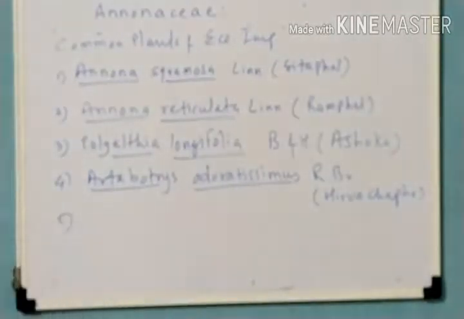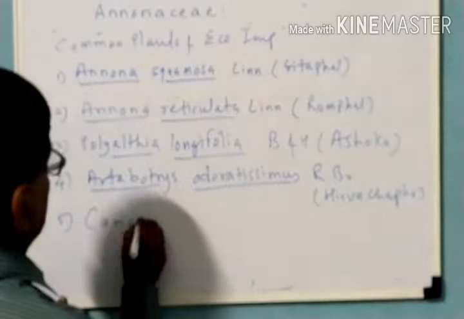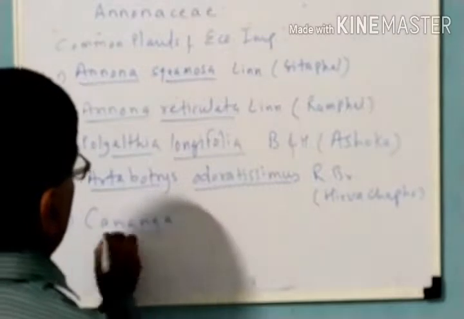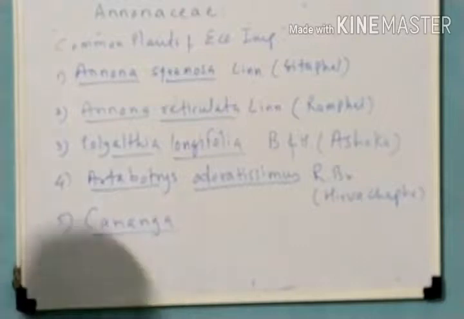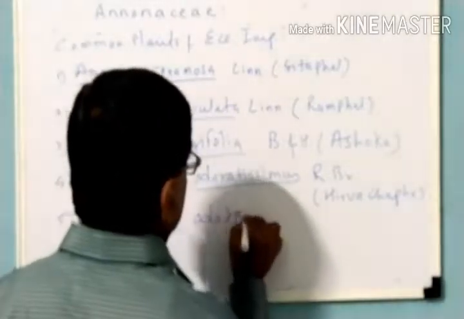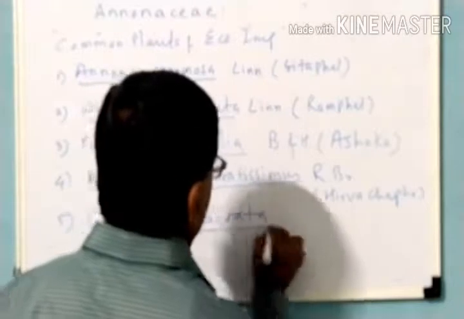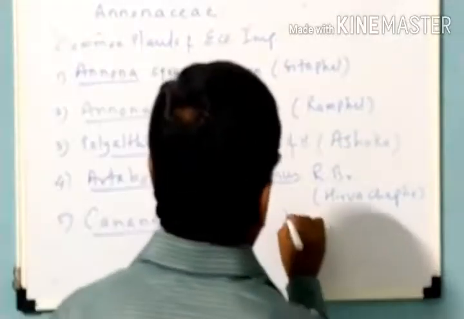Then another plant, Cananga odorata. The authority of this particular plant is Hooker.